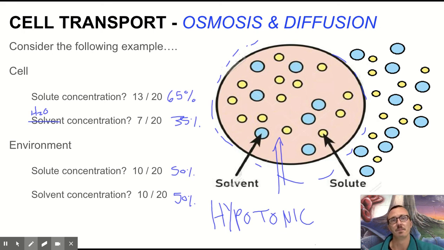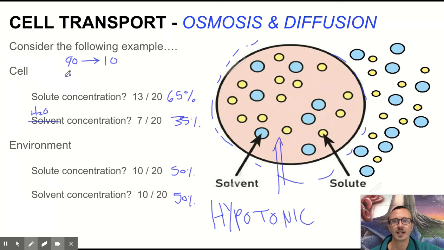Now, one thing I didn't mention, but it's still important to consider, is the difference in concentration does matter, right? And so the bigger the difference, right? So if you had a cell with 90% water and a cell that only had 10% water, the water is going to rush into that cell very, very quickly.